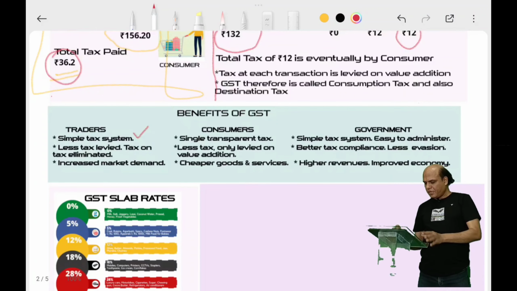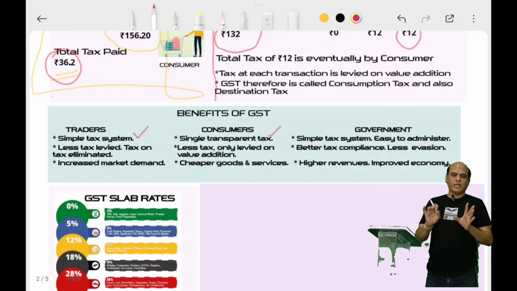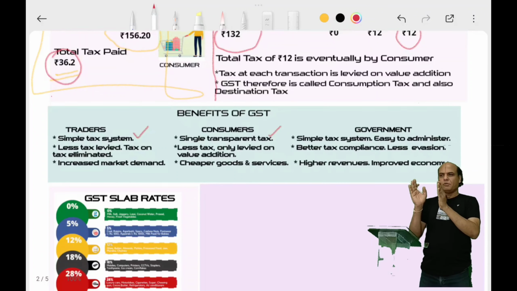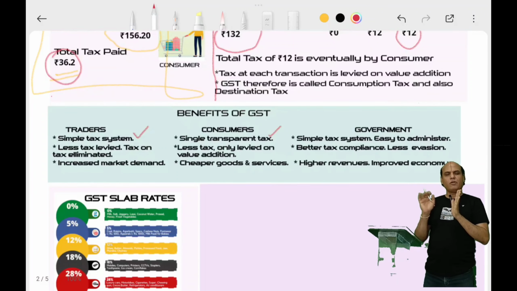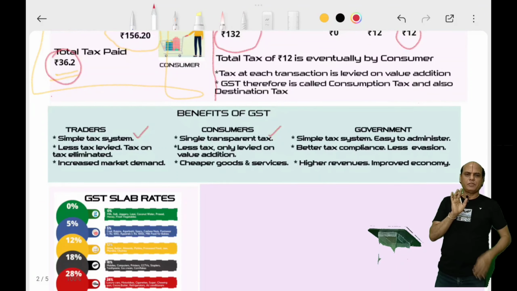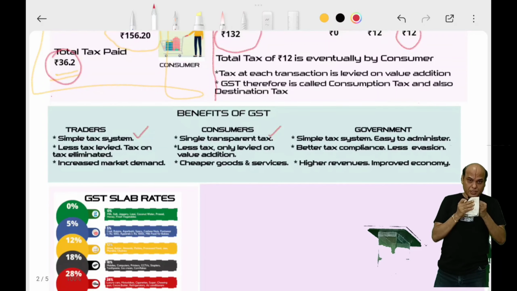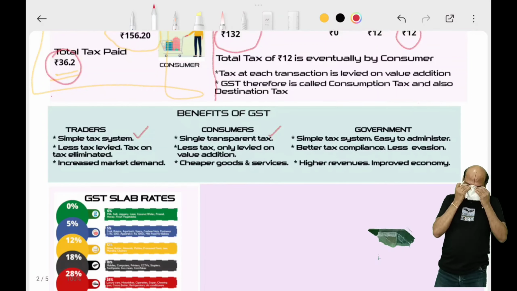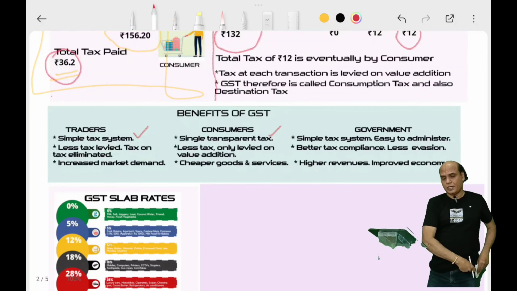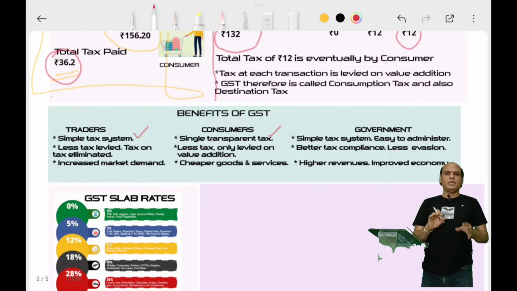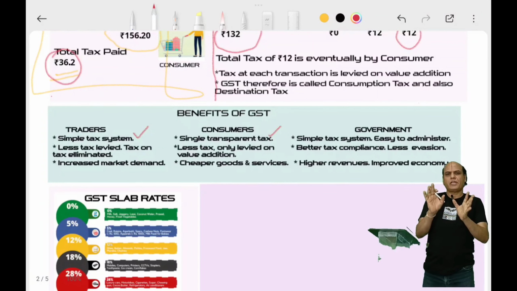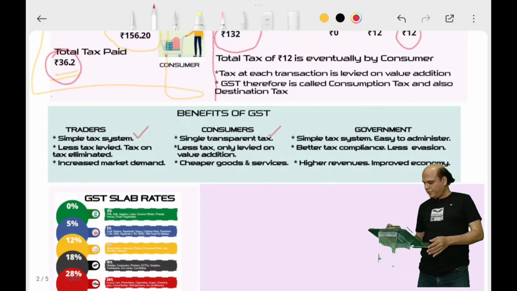From the perspective of consumers, it has become a single transparent tax. So they are very clear. If a product costs this much, so much percentage of GST. We will come to the various slabs of GST in a short while. But once GST is fixed, a customer is very clear: this much tax I need to pay to the government.